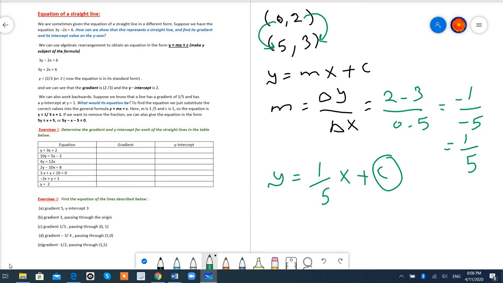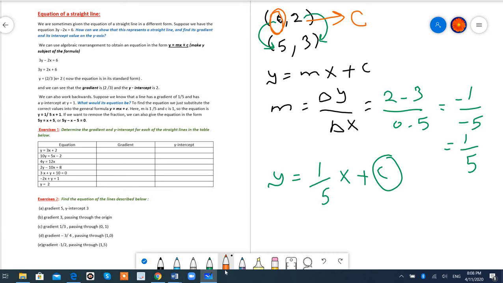In order to find the c, we have to pick any pair of these points and substitute. But if one of the points has x coordinate 0 like this one, that means this is c. Why? Because c is the point of intersection between the line and the y-axis.